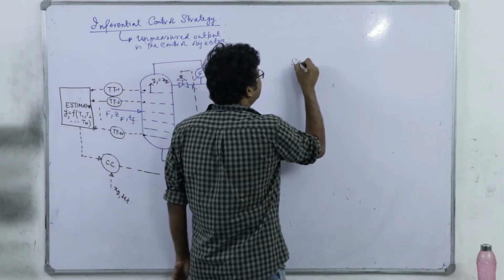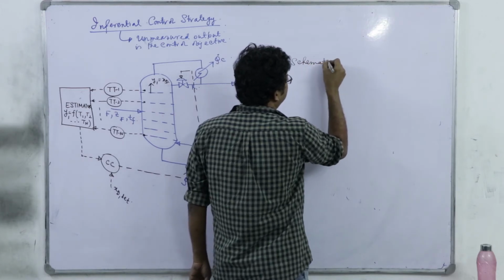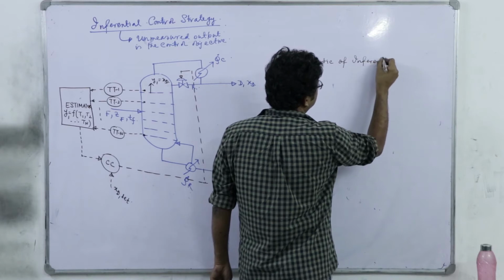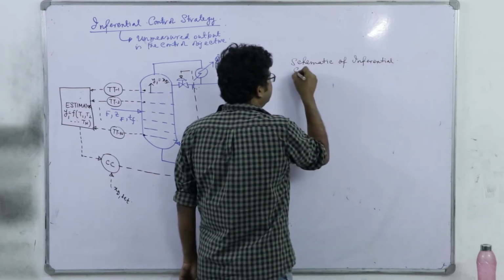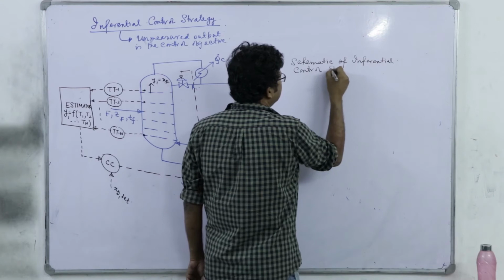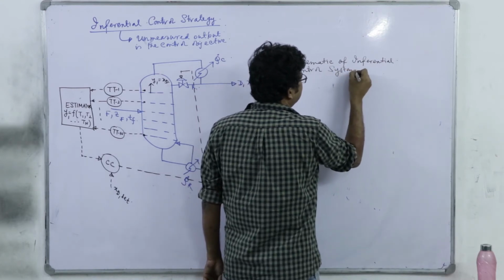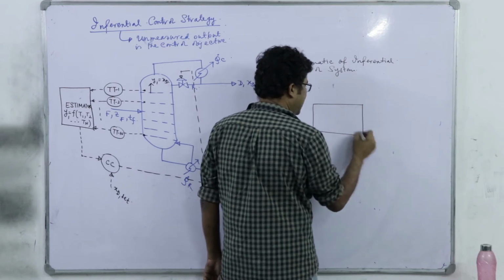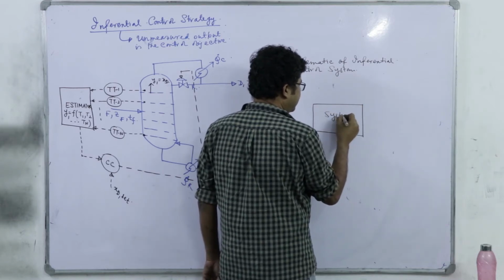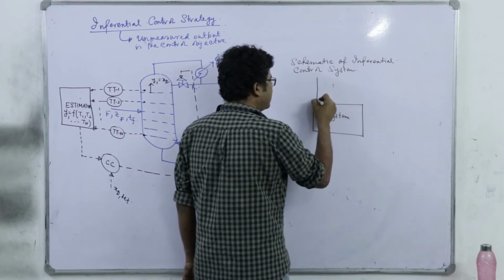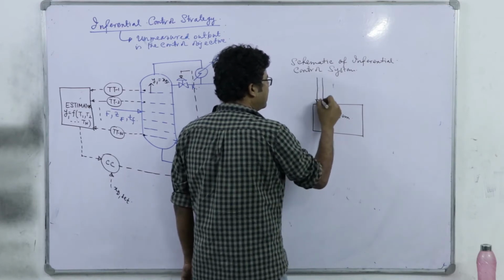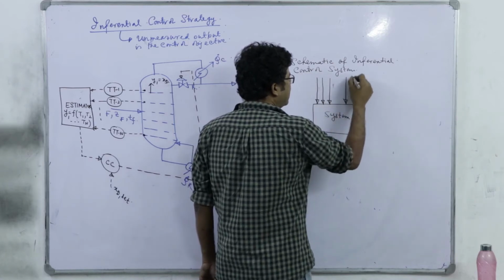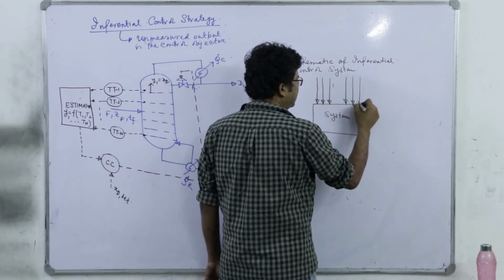So, the schematic of an inferential control system is this. We have the system, the same diagram once again. This is a general diagram.